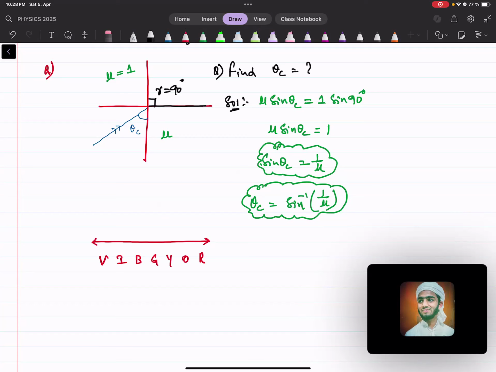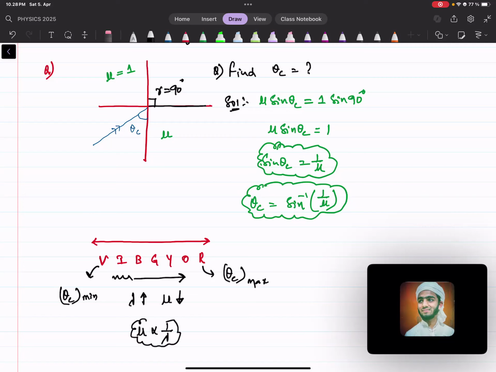Remember that for violet, critical angle is minimum, and for red, critical angle is maximum. That means as you're moving from violet to red color, critical angle is increasing because wavelength is increasing. If wavelength is increasing, refractive index will be decreasing because mu is inversely proportional to wavelength.